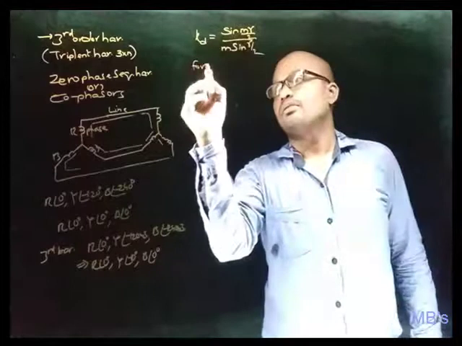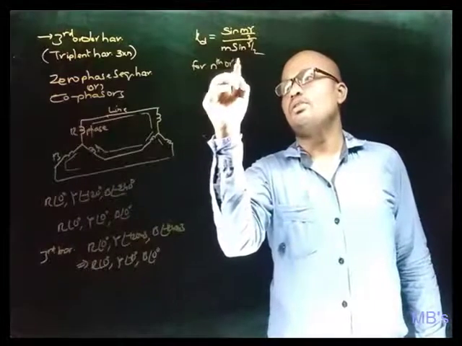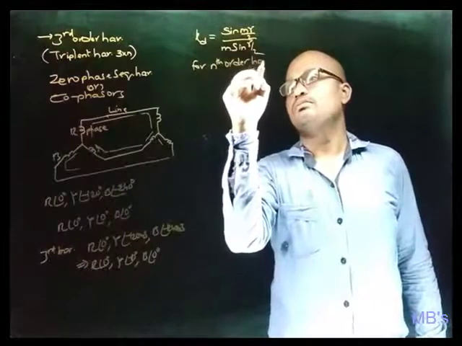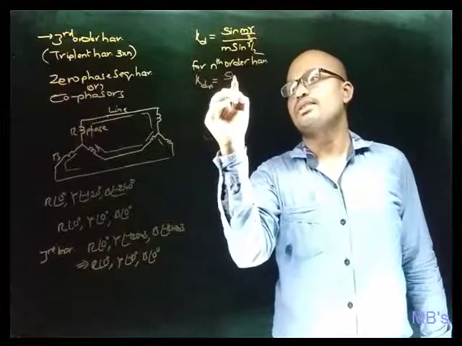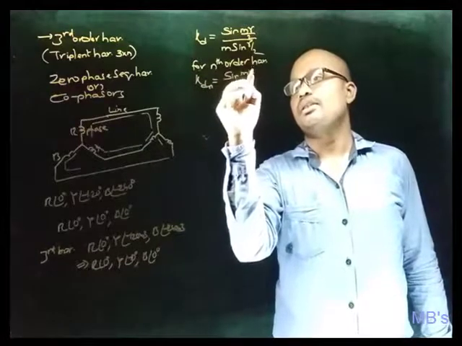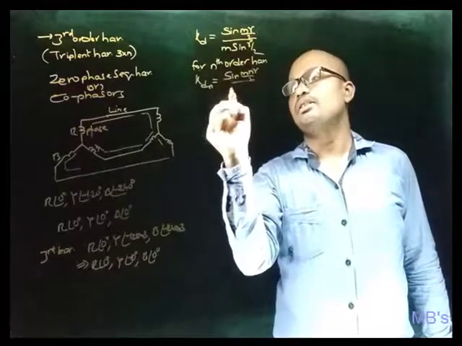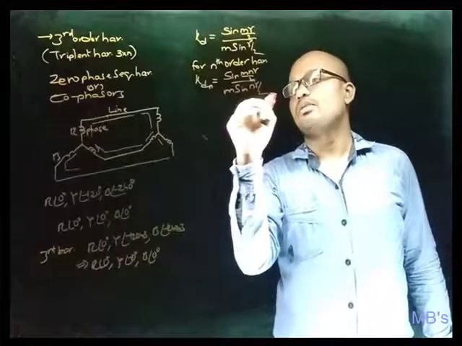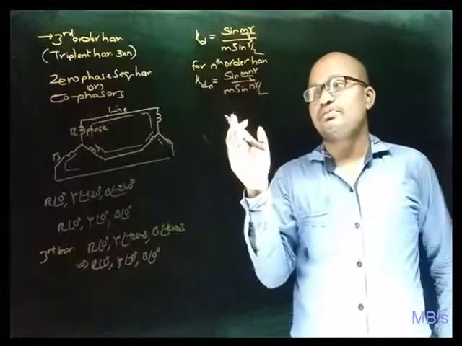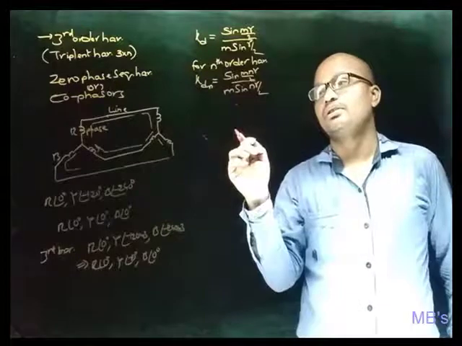For nth order harmonic, the distribution factor Kd is equal to sine m n gamma by 2 by m sine n gamma by 2. This is the distribution factor for nth order harmonic.